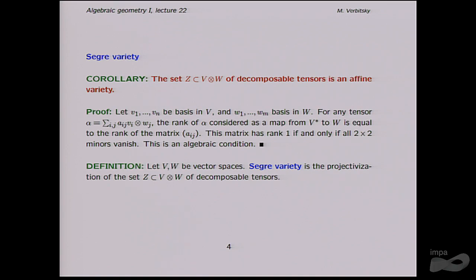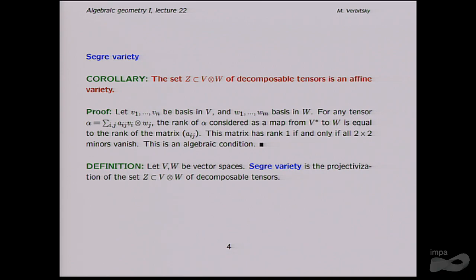So there is a claim. It's pretty clear anyway. Claim: the set of decomposable tensors tau inside V times W is an affine variety. Is the statement clear?